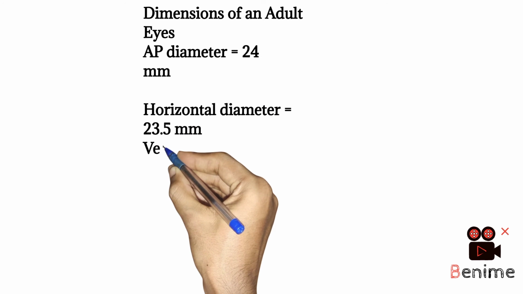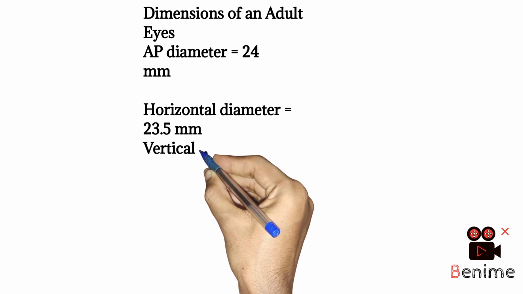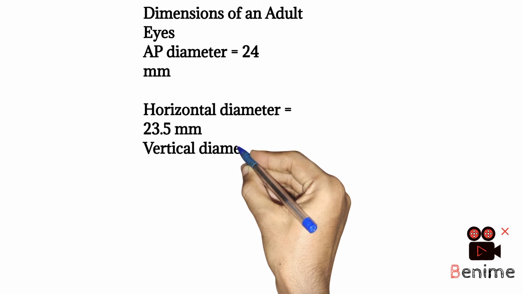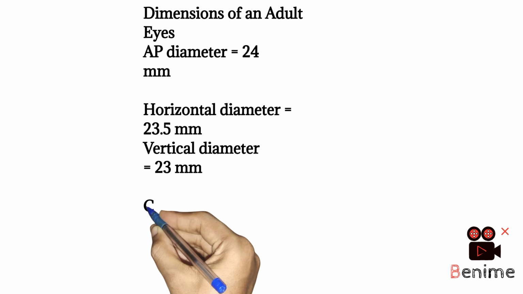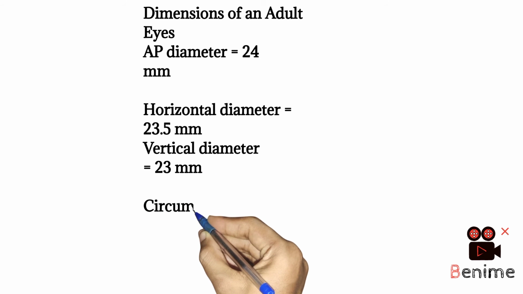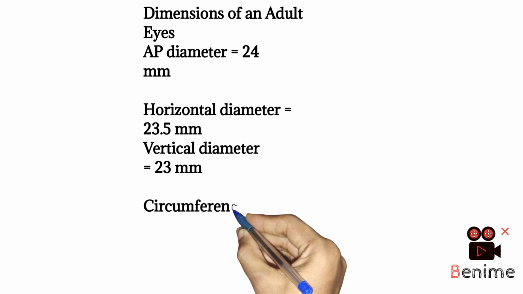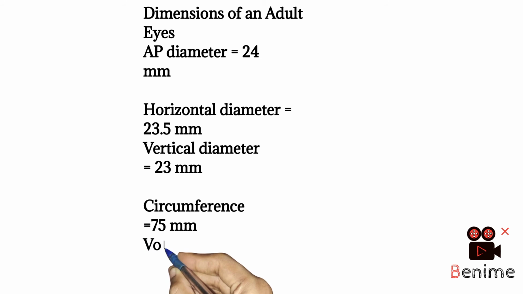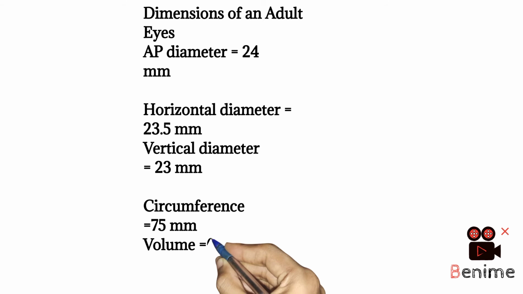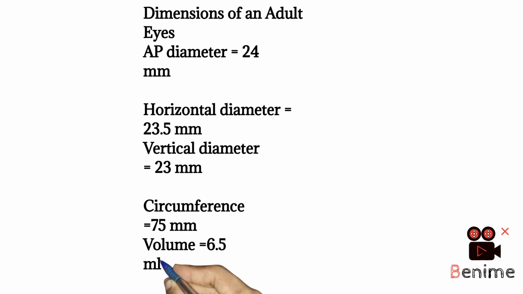Vertical diameter, 23 millimeters, that is up to down of the eye, from the roof to the floor of the eye. Circumference measures around 75 millimeters. The volume of the eye is around 6.5 mL, and the weight is around 7 grams.